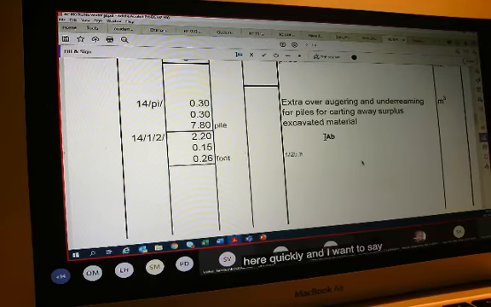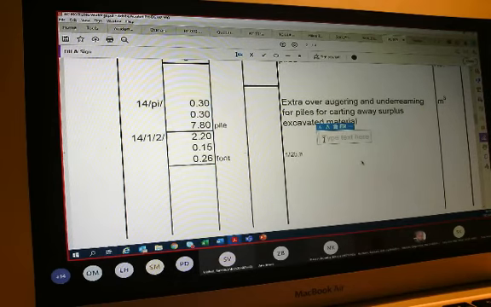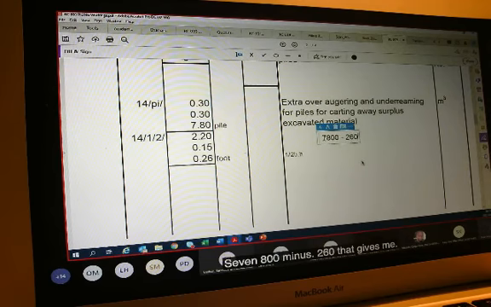And I want to cut that off there. Over here, instead of saying 0.3 by 0.3 by 7.9, I want to just write something quickly.